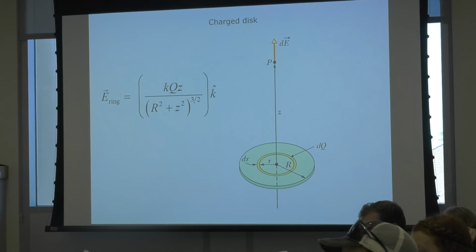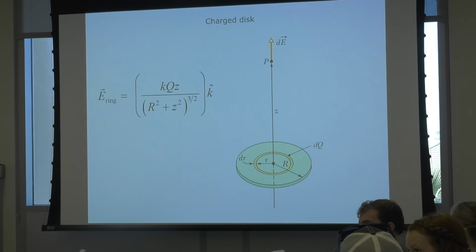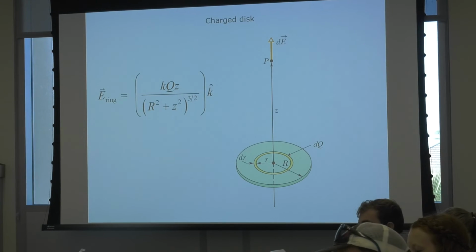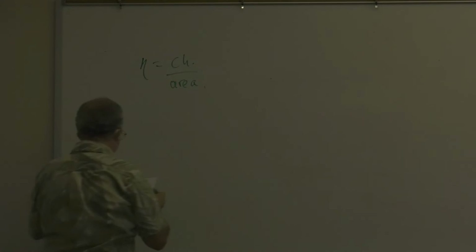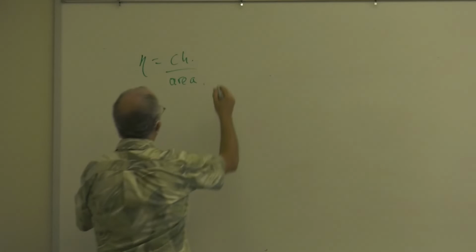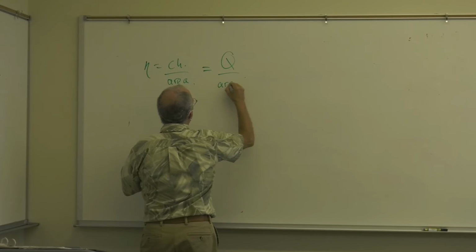The disk is a two-dimensional object, right? So we can't just say lambda equals dq over dl or something like that. All right? Because now we're going to use that eta. So eta is a charge over the area. Okay. So Q over area.